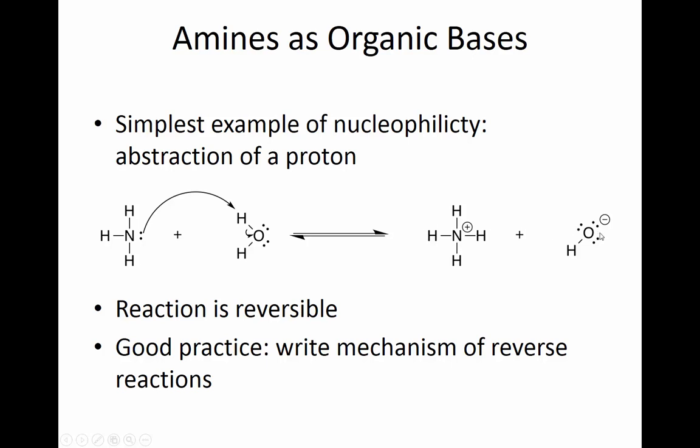And here we have the hydroxide ion. A good practice is to write the mechanism of the reverse reaction here. So we see the electron pair being donated to the hydrogen here. The hydrogen is donating the electrons back to the oxygen to give us the two ions.